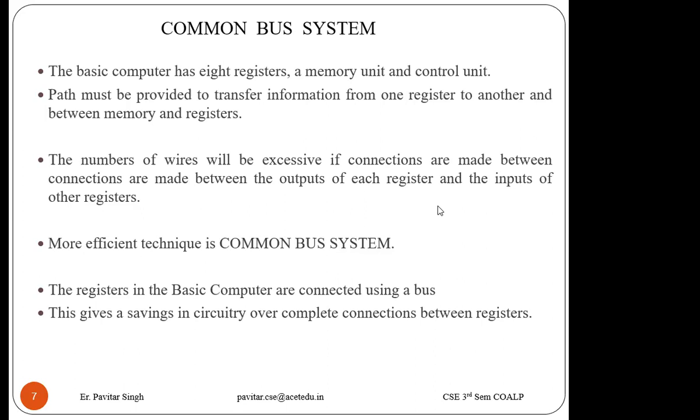I have to connect each and every flip-flop with 8 wires. So the circuit becomes more complicated and complex when the number of bits increases. For example, if you have a 64-bit register, then you need to install a minimum of 64 cables, right? The outputs of register A will be connected to the inputs of register B.